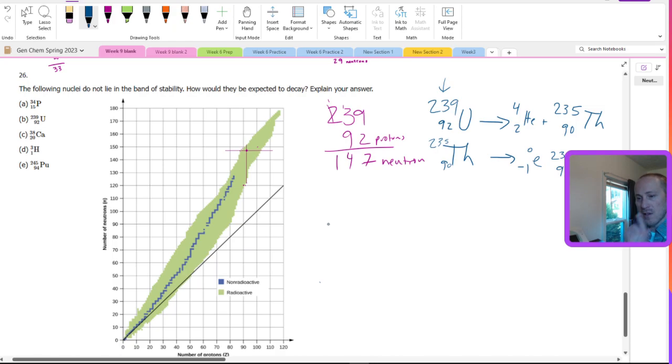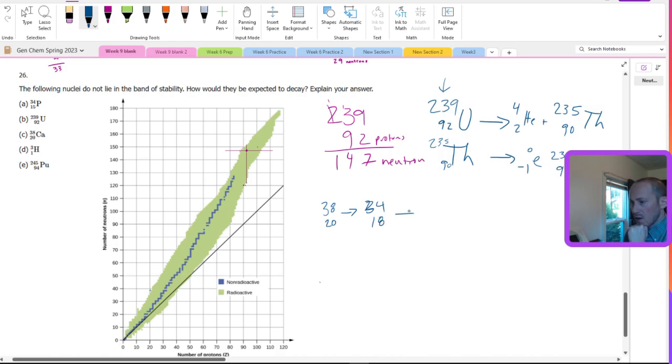How about for calcium? So 20 and 38 is way up here. So how is it going to get down to there? It could just lose a bunch of neutrons, could be good. But if we lost one alpha particle, then we would be at 34, 18.